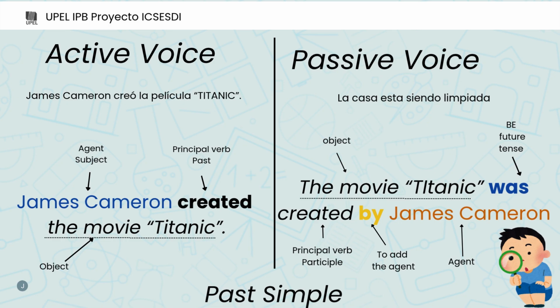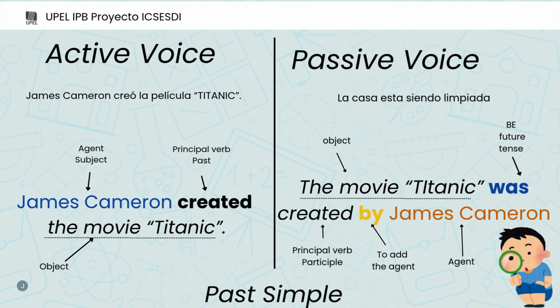And at the end, if I want, I can express or name the person that did the action. If I know the person, I can. For example, by, I use it to add the agent. And at the end, I say James Cameron. This is the agent of the sentence. But he isn't the really important thing or the focus of the sentence.